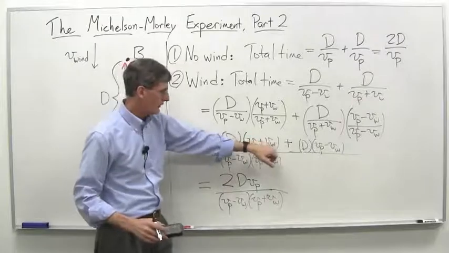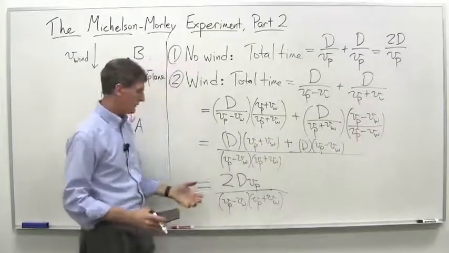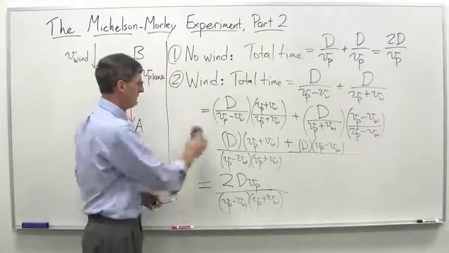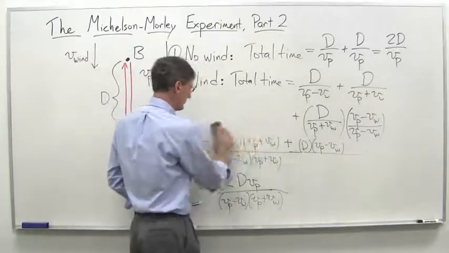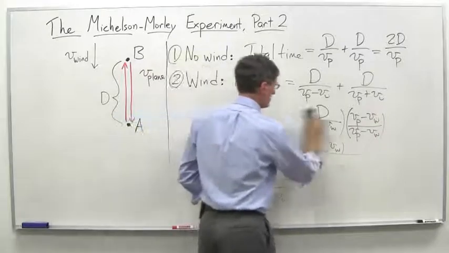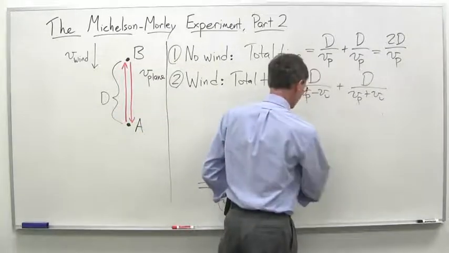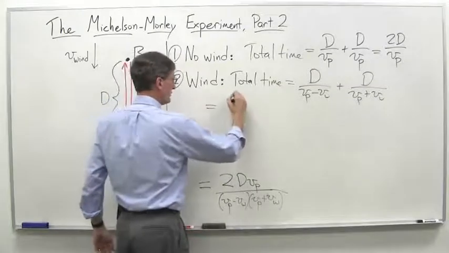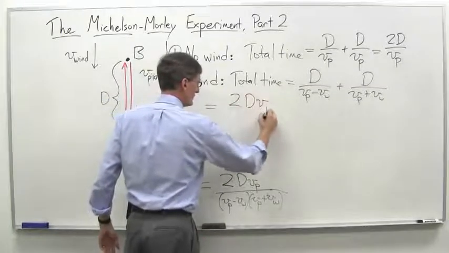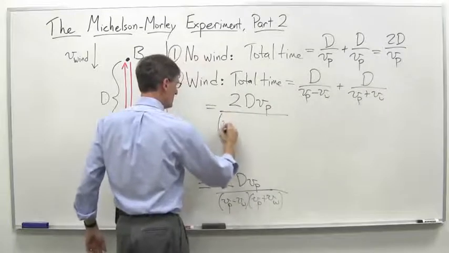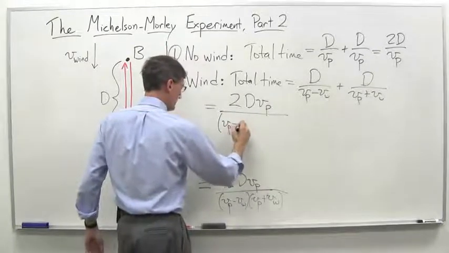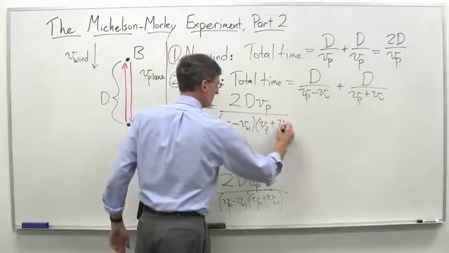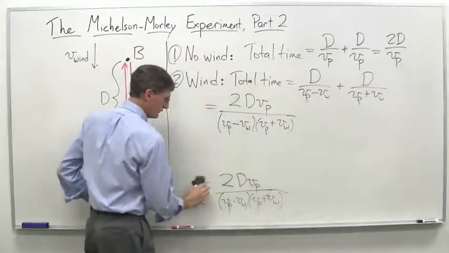So I've got d times Vw and then a minus d times Vw. So they go to 0, and I'm left with this. Okay, so now we'll bring this back up here. We'll leave that because that was our starting point. Okay, so what we've got so far then is 2d Vp over Vp minus Vw times Vp plus Vw. So that's what we've got so far.